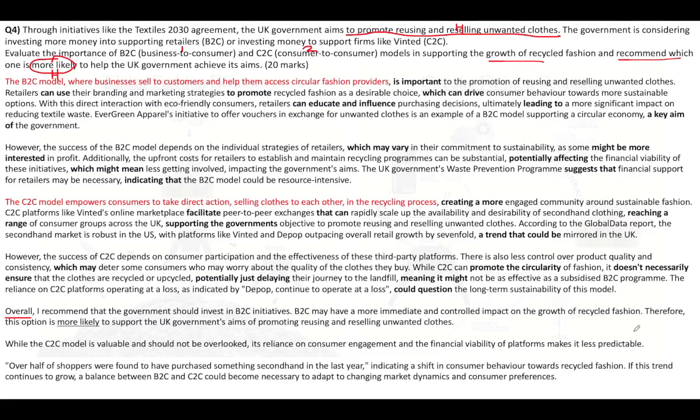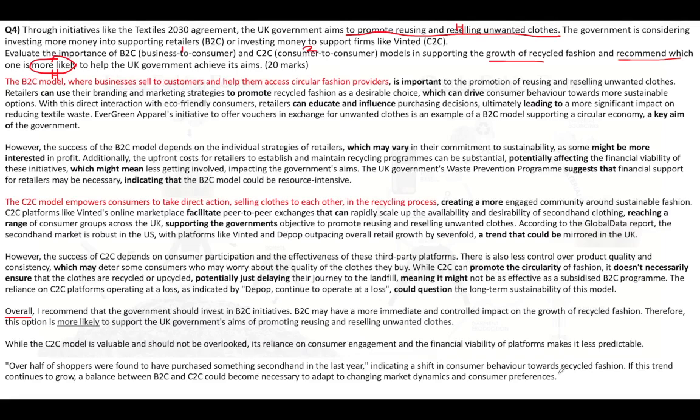Let's think about a future orientated MOPS. Over half of shoppers were found to have purchased something second-hand in the last year, indicating a shift in consumer behaviour towards recycled fashion. Question the reliability of the data. If this trend continues to grow, a balance between B2C and C2C could become necessary to adapt to changing market dynamics and consumer preferences.